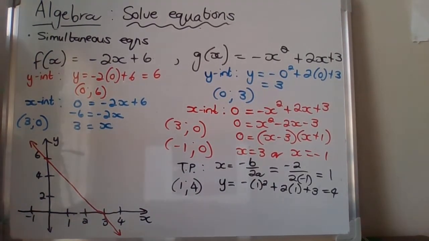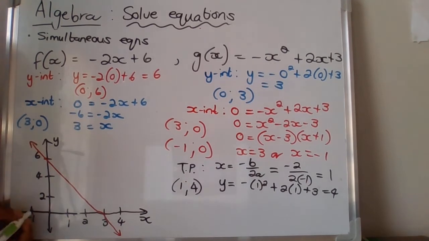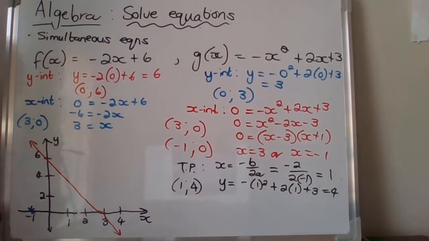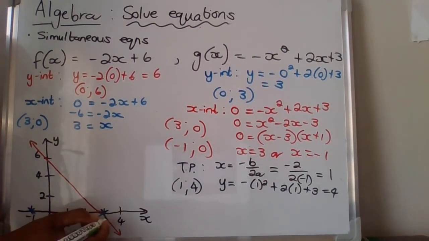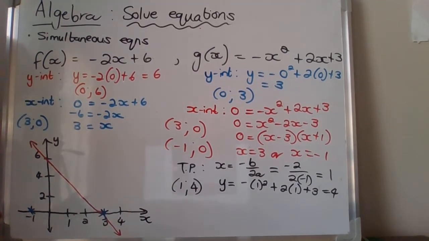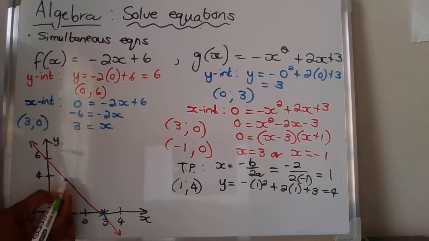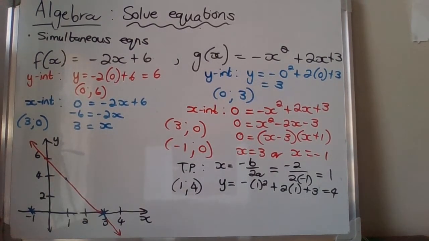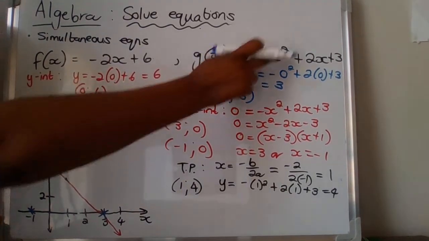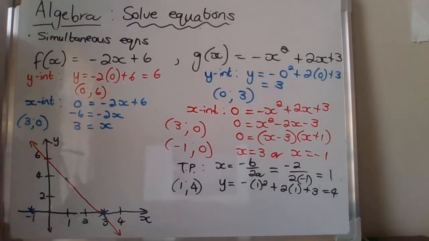Okay, and then with my parabola, I mark off my one x-intercept, and my other one is also here, and then my turning point is at (1, 4). So that's at this point over here. Now, my a is negative, which means that my graph is a maximum graph.